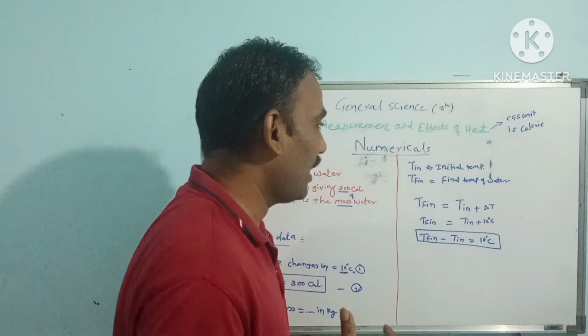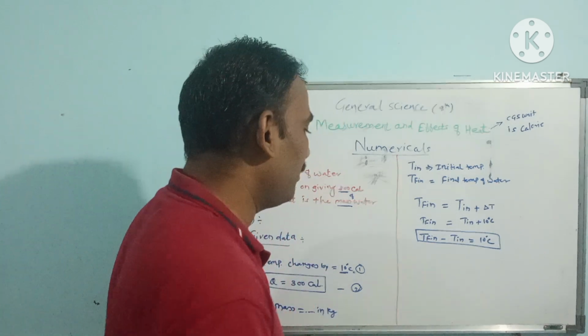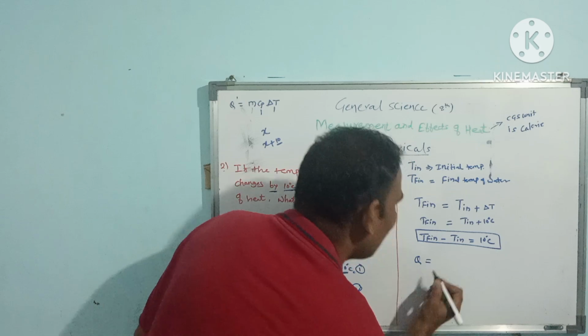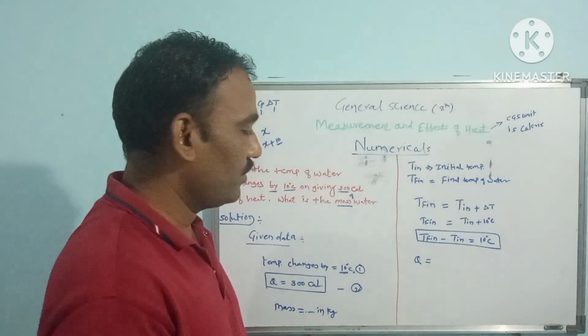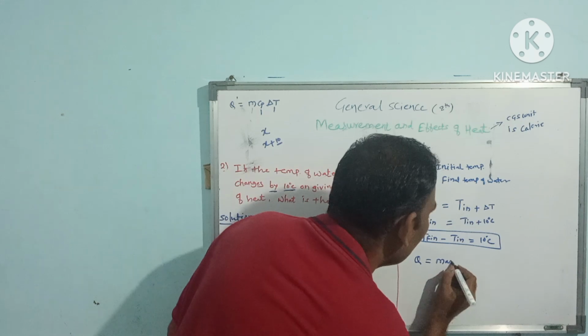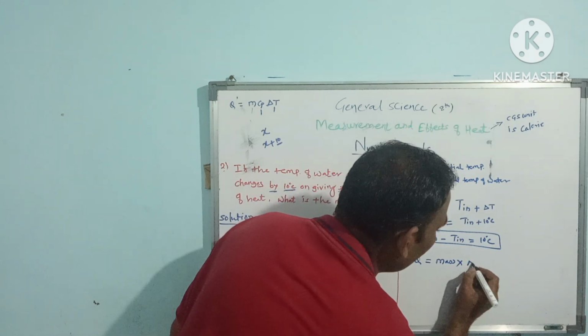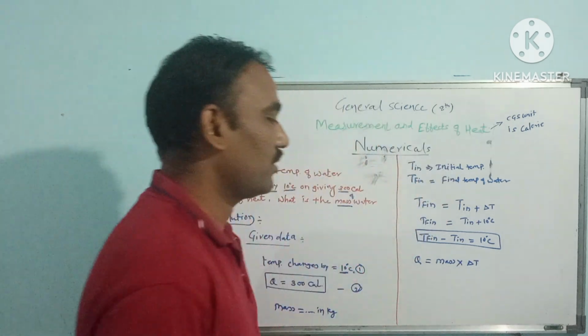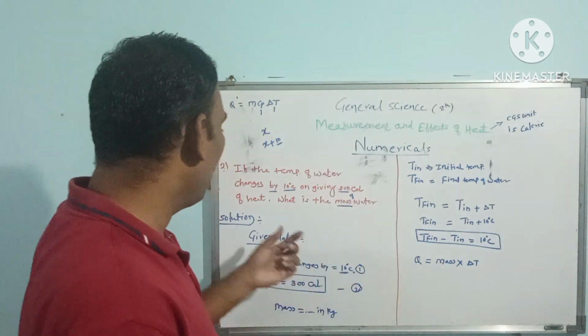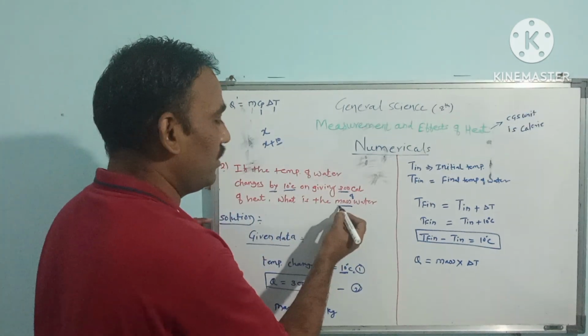As I told in the last session as well as in the previous problem, the equation for heat supplied or needed is Q is equal to mass into temperature difference. From this equation, we can find out the mass of water.